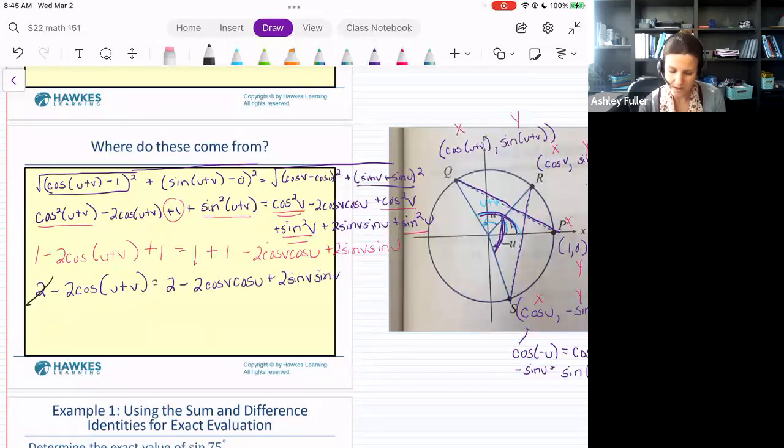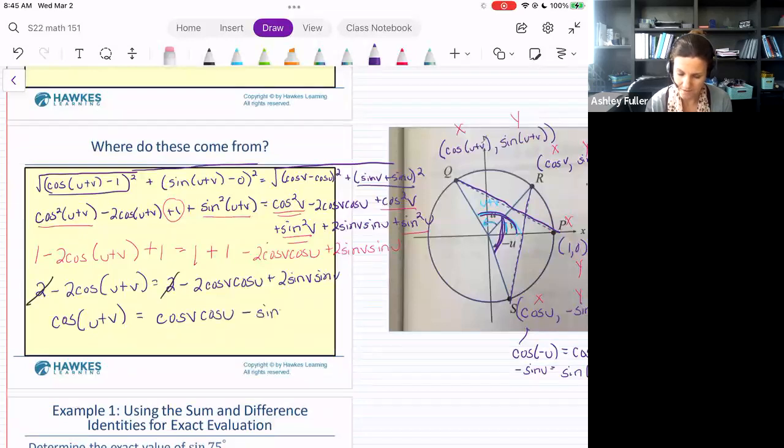Using algebra, the 2s cancel, and then if I divide everything by -2, I get cosine of u plus v equals cosine of v cosine of u minus sine of v sine of u. And remember, we divided by -2, which is why the sign changed. So that proves one of our identities. The other identities can be proved in a very similar manner, but I will leave those for you to try as you wish.